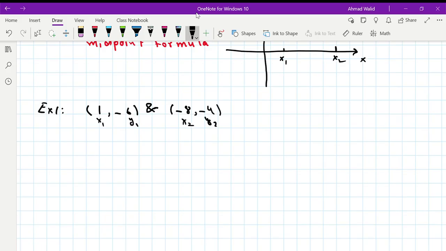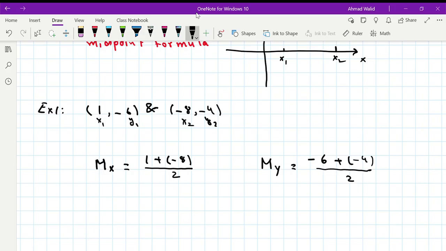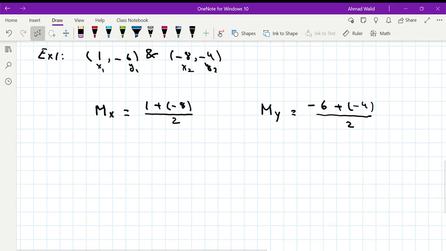To find the coordinates, the midpoint at x, let's name it mx, or m of x. This is the midpoint for x. The midpoint for x is x1 plus x2, right? It means 1 plus -8 over what? 2. And the midpoint for y is y1 plus y2, which is -6 plus -4 over 2. Simplify, it gives you the coordinates of the midpoint, correct?